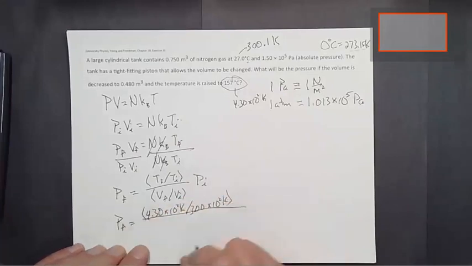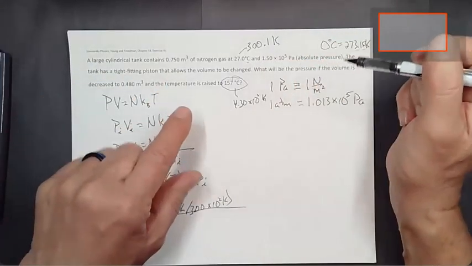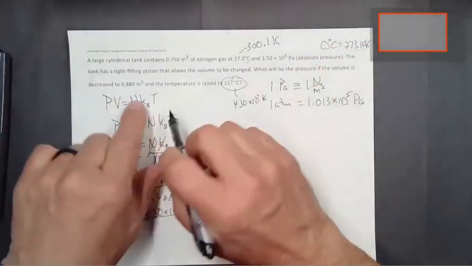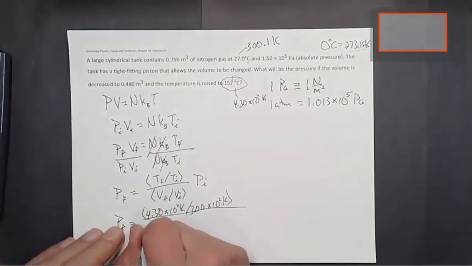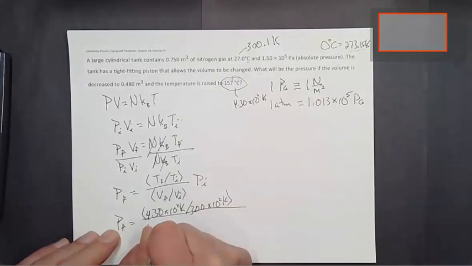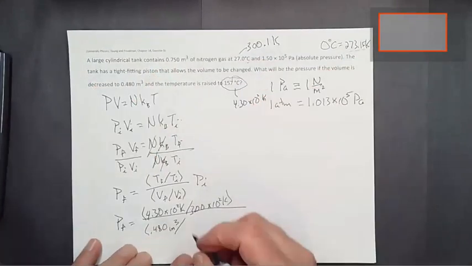So that's up there in the numerator. The V final over V initial. Well, let's see, V final is 0.480 meters cubed, and I'm dividing by the V initial, 0.750 meters cubed.